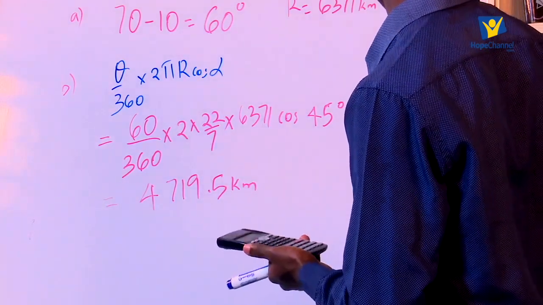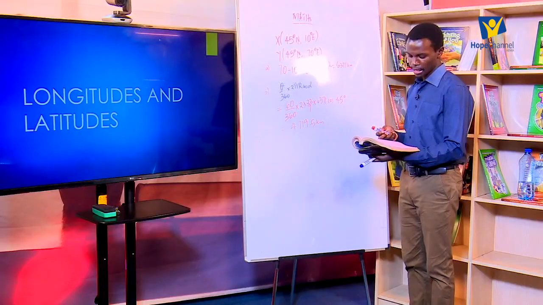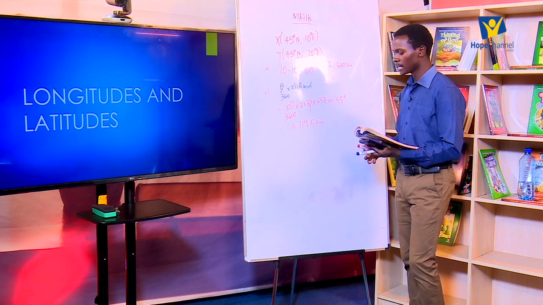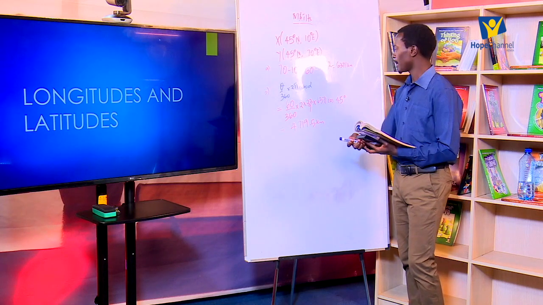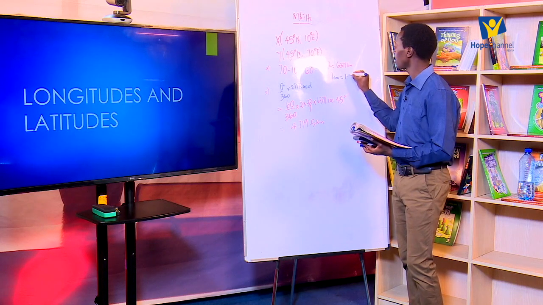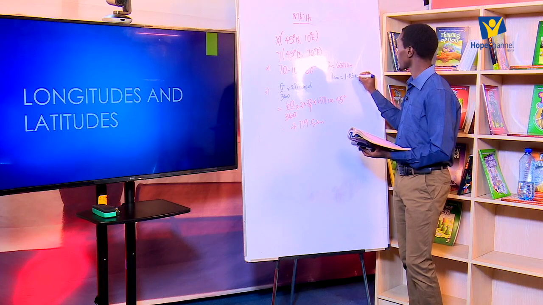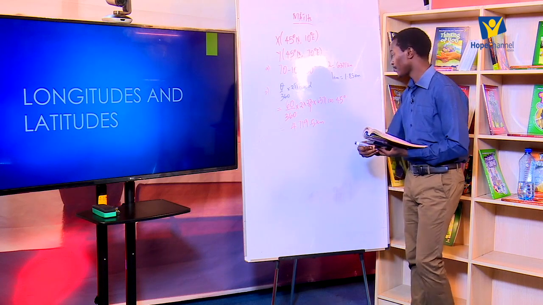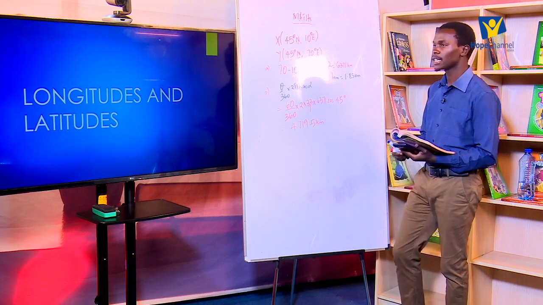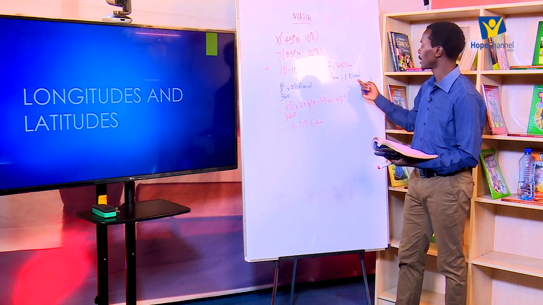Then Roman 2 was saying that you calculate the distance in nautical miles. Now this one has been directed to you. It's been said that the distance, take 1 nautical mile to be 1.85 kilometers. Now once you have kilometers coming before nautical miles, mostly they tell you the relationship between nautical miles and kilometers.